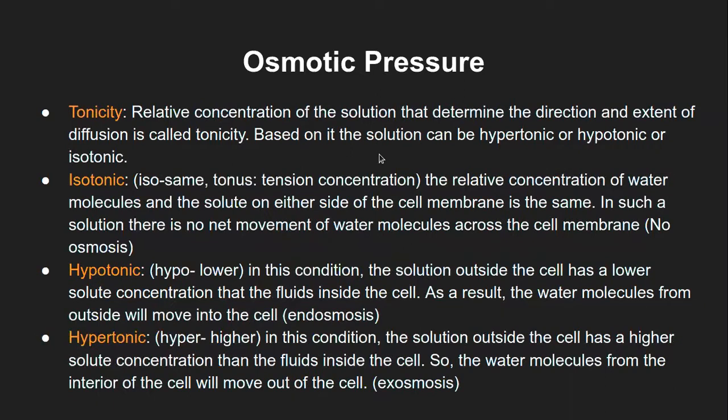And tonicity in general, this part I missed explaining, is nothing but the relative concentration of the solution that determines the direction and the extent of diffusion. So relative concentration, as in how much of the solute is present in which side or which chamber, is what decides the ultimate path of the diffusion. That relative concentration is called tonicity.